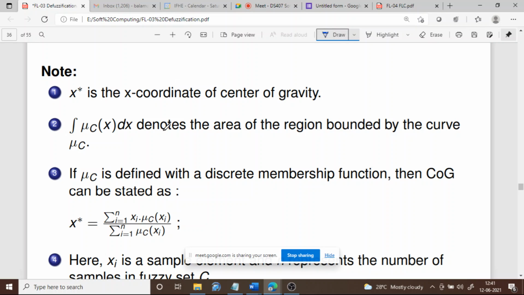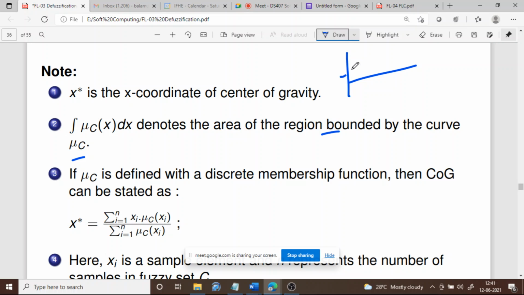So x star is some point on the x coordinate, and the integration of the membership function of x dx denotes the area of the region bounded by the curve. I think you are aware of this from school days. Integration of a function represents the area under the curve.